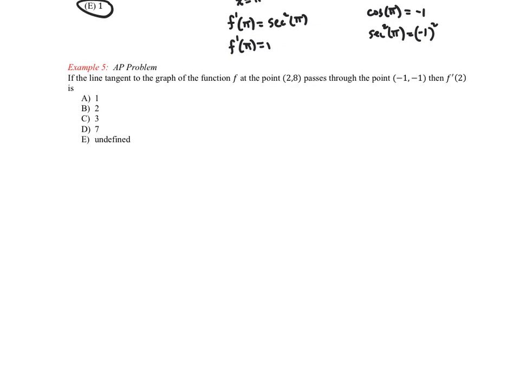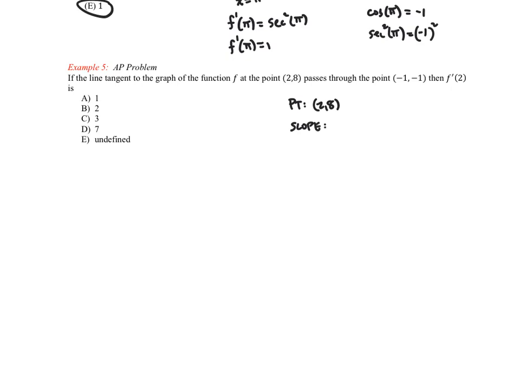Example 5. If the line tangent to the graph of f at point (2, 8) passes through the point (-1, -1), then what is f prime at 2? Okay, so we've got a point, and our point is (2, 8). We need a slope.